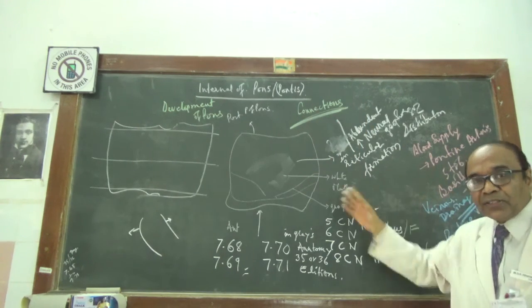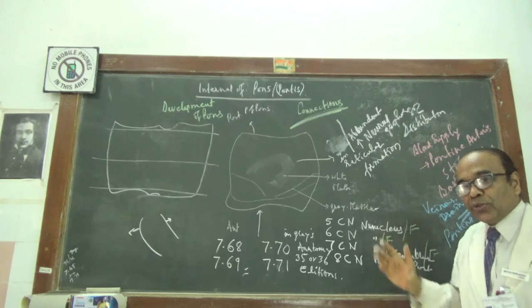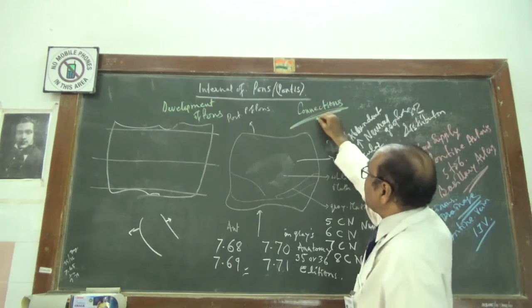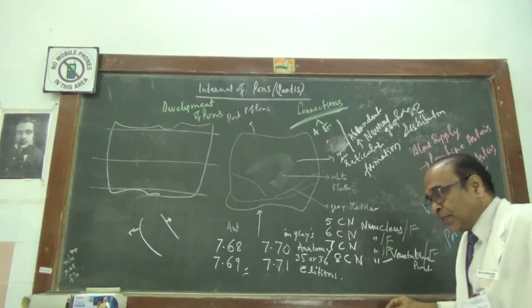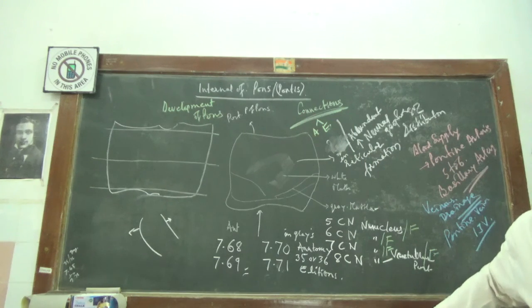So you should know these connections. As I have told you about the afferent and efferent, those are the sensory and motor connections you should know. These connections will be in connection with the pons.